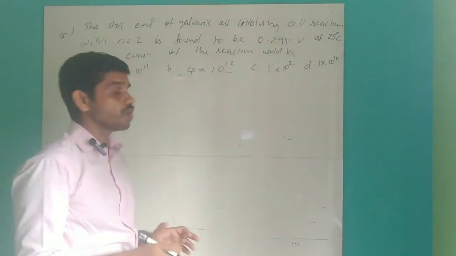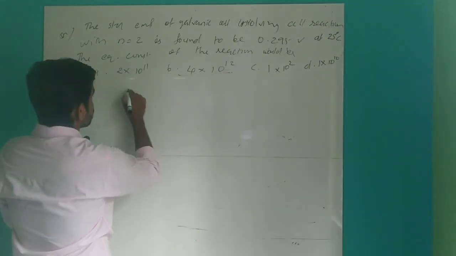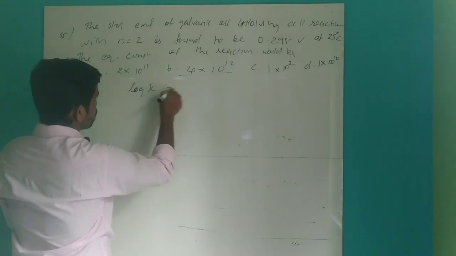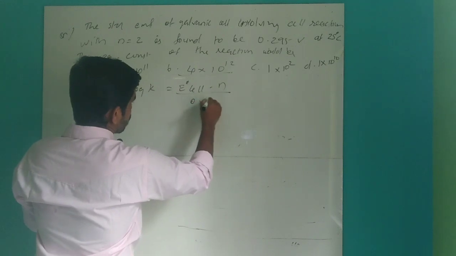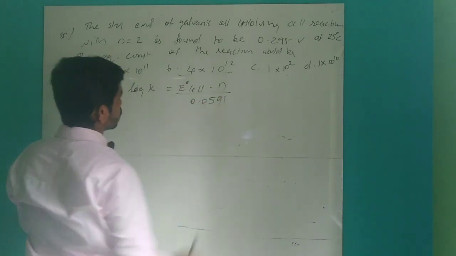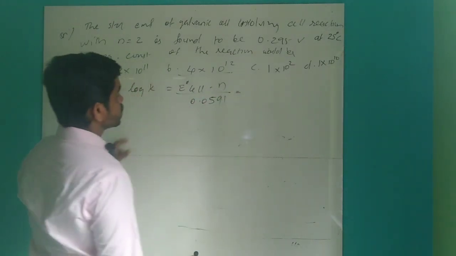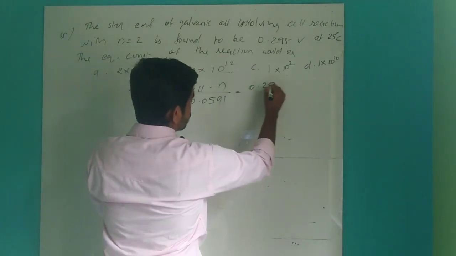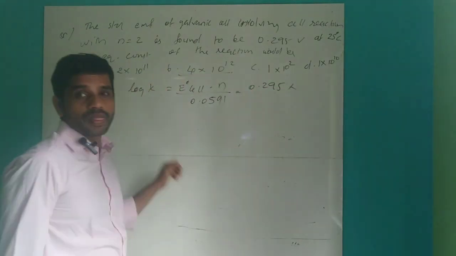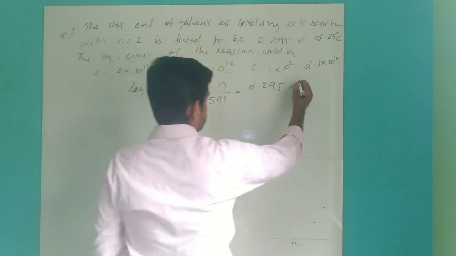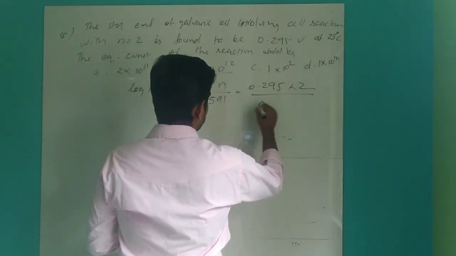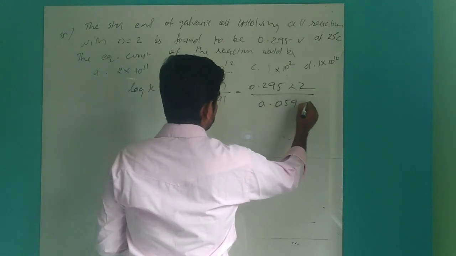Here also the same formula, equilibrium constant you have to find out. So log K is equal to E0 cell into N divided by 0.059. E0 cell is given, 0.295 into N. For a galvanic cell, zinc gives Zn2 plus and 2 electrons, so N value is 2, divided by 0.059.